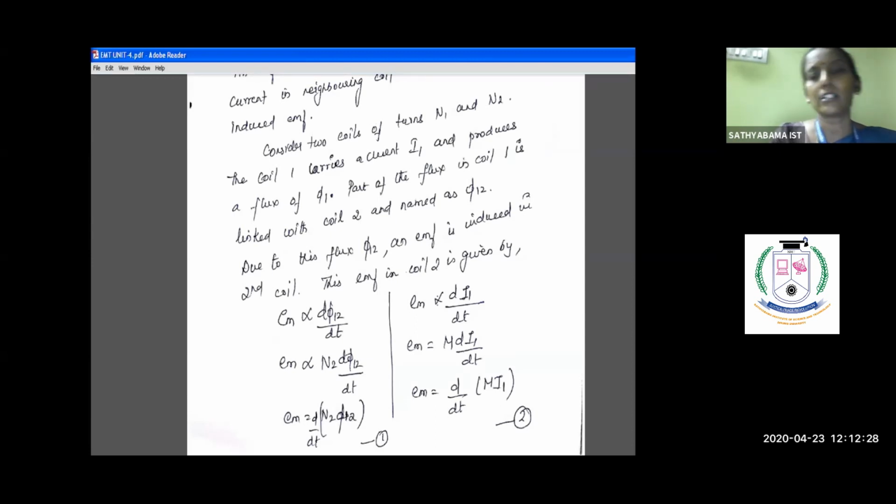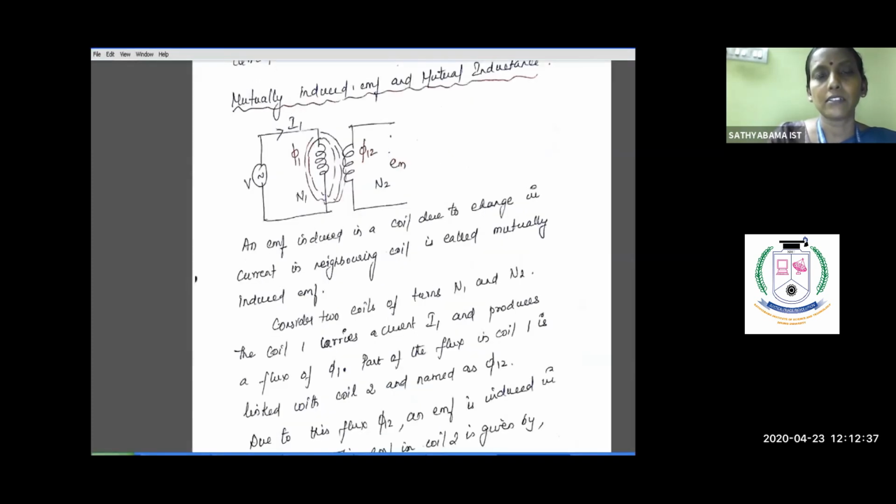Coming to the right part of the column, as I said, flux is proportional to current. Going back to the diagram, this flux phi12 is produced by the current I1 of the primary circuit.